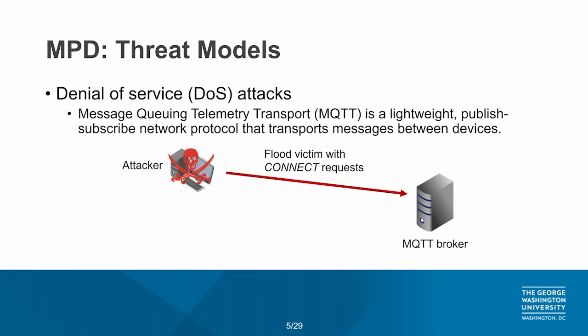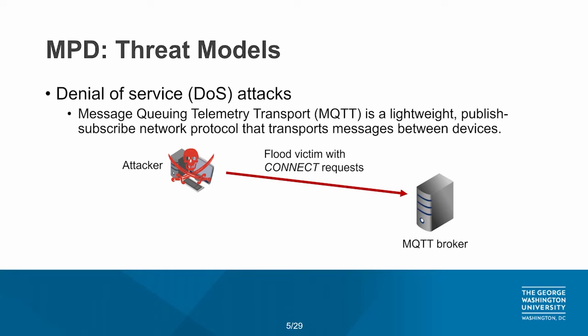We give some threat models in the IoT protocols. The first one is the denial of service attack. This attack exists in the Message Queuing Telemetry Transport protocol, which is MQTT. MQTT is a lightweight publish-subscribe network protocol that transports messages between devices. Assume we have an attacker client that tries to flood the server with malicious connect requests.